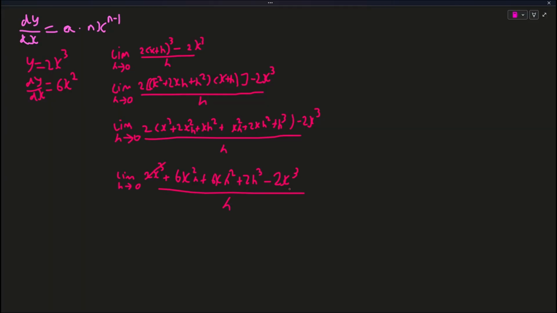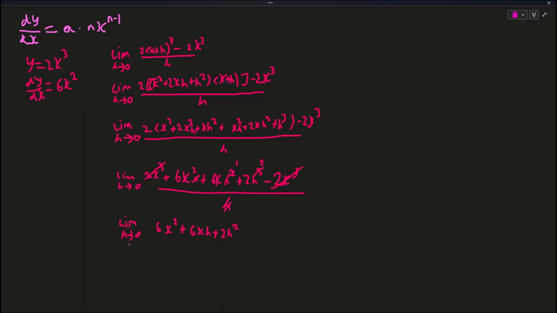So 2x cubed minus 2x cubed is 0, divided by h. So get rid of the h there, the h there, the h there. So then we have the limit as h tends to 0 of 6x squared plus 6xh plus 2h squared.